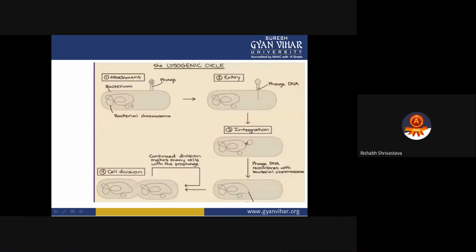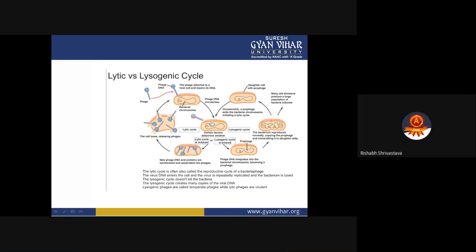Here you can see the diagram of the lysogenic cycle. The bacterial cell gets attached by the phage particle. The phage injects its genetic material. This genetic material integrates itself into the bacterium's chromosome. This phage DNA recombines with the bacterial chromosome, and thus it becomes a prophage.